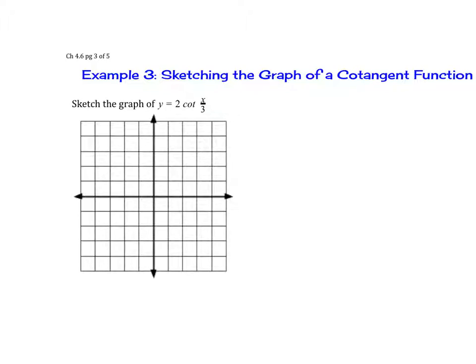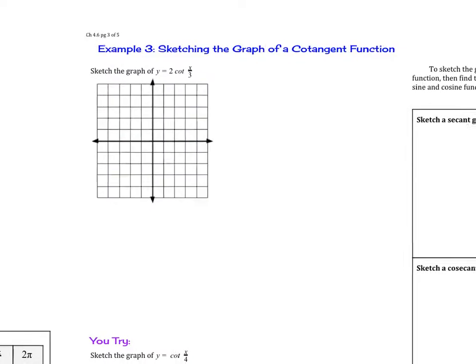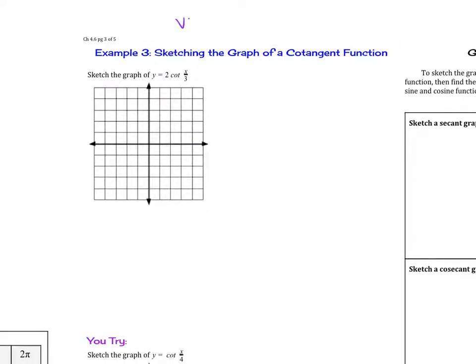Now in this case, when we're trying to find the vertical asymptotes, it's a little different. For cotangent functions, you set bx minus c equal to 0 on the left, and bx minus c equal to pi on the right.